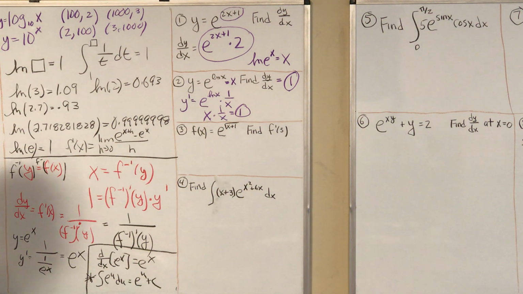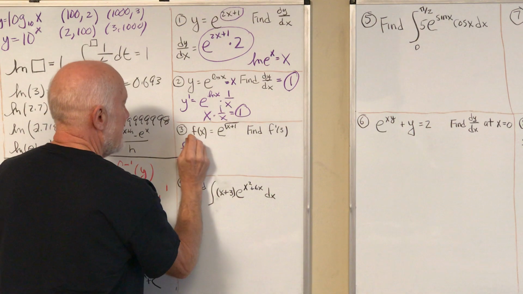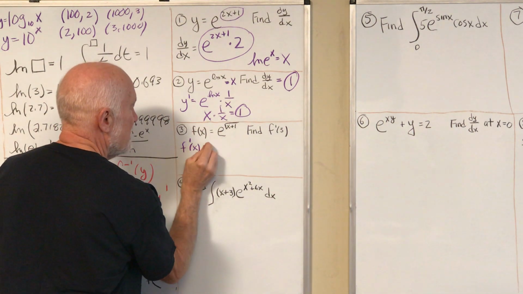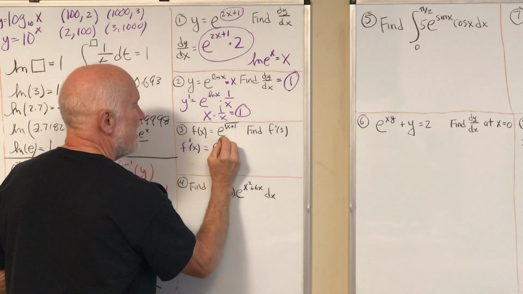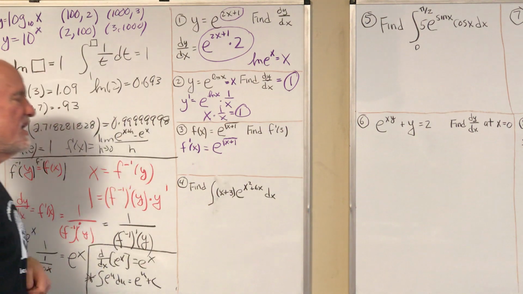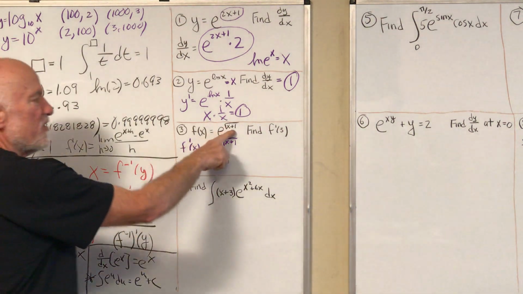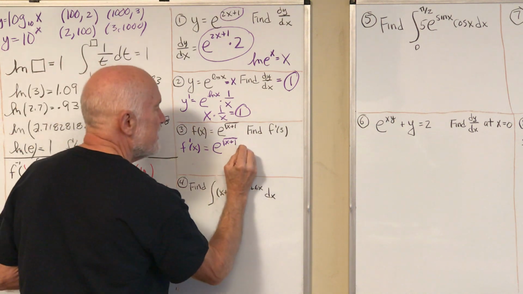Okay, let's try one more derivative. This one, to find f prime of x, again we have to do the chain rule. So the derivative is e to the this other function, then times the derivative of this other function. Well, it's x plus 1 to the 1/2.